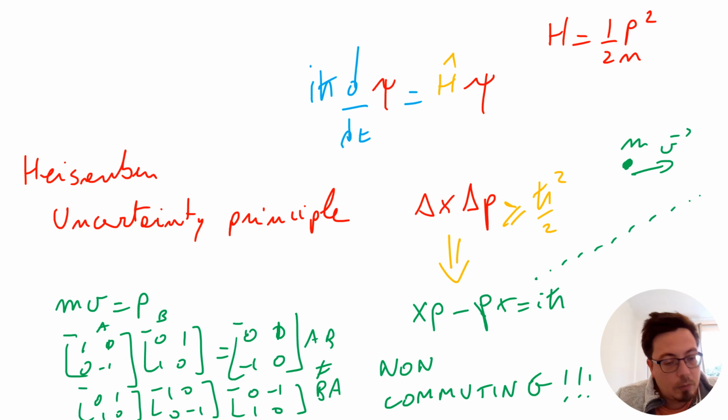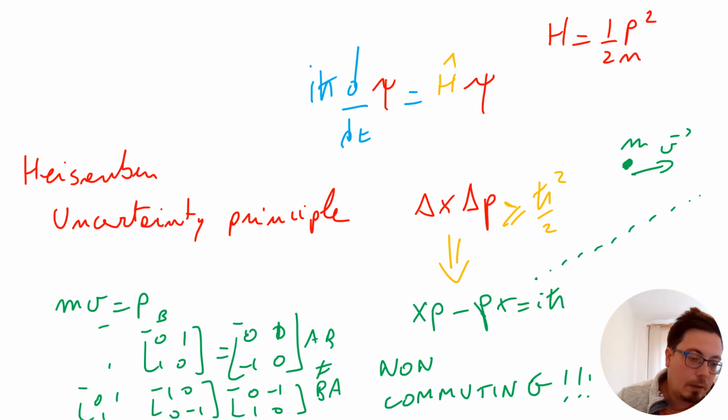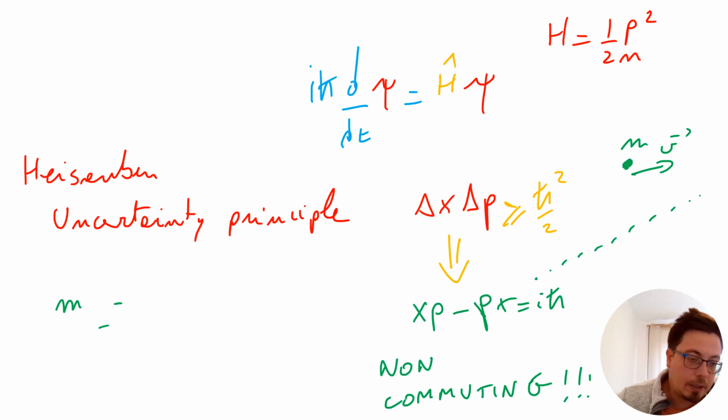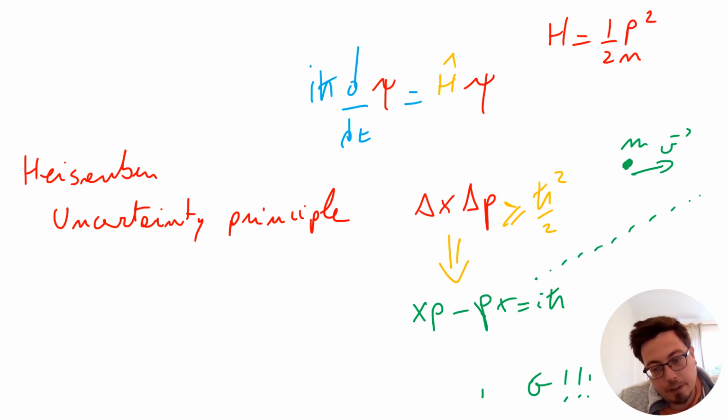So we just need to find the same set of relationship between two operators. And the easiest things that you can think of when you work with functions are two. You can multiply a function by its position.